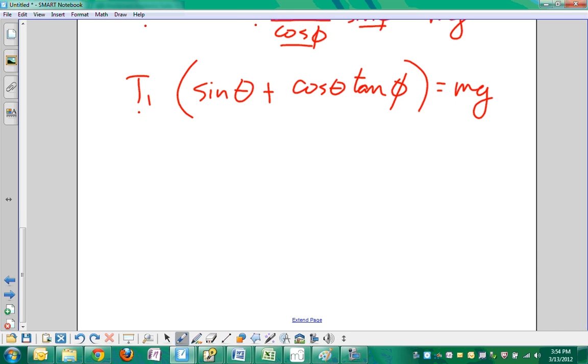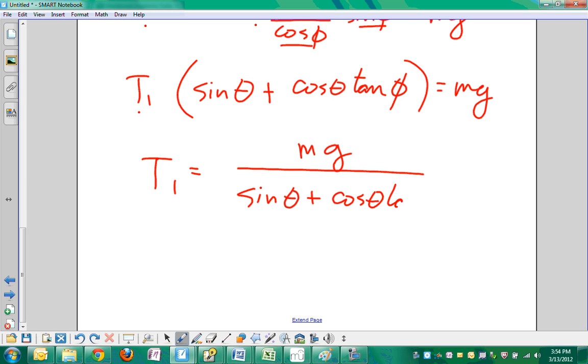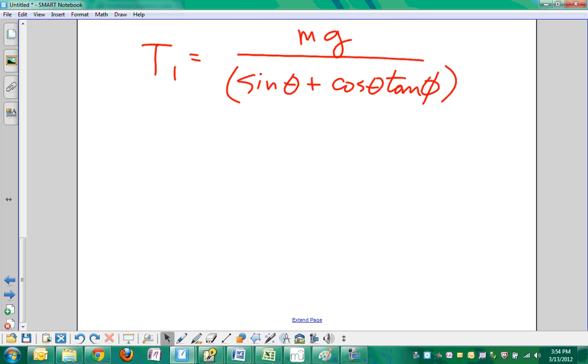Now moving along a little bit farther, it's pretty easy to see that T1 is equal to mg over the quantity sine theta plus cosine theta tan phi. Now, with the numbers that we were given, remember we took the complements of the angles that were given so that we could measure things from the horizontal and have our more familiar orientation of cosine being associated with x and sine with y.